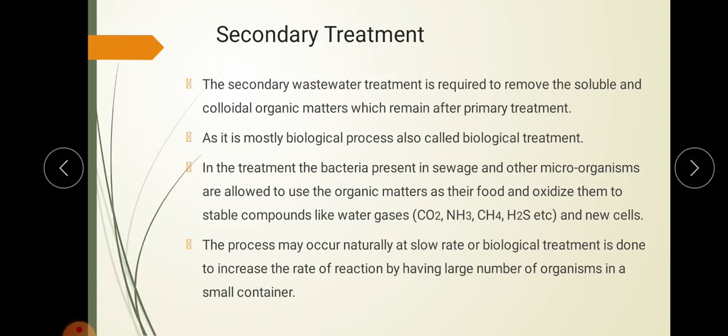This process may occur naturally at a slow rate, or biological treatment is done to increase the rate of reaction by having a large number of organisms in a small container.